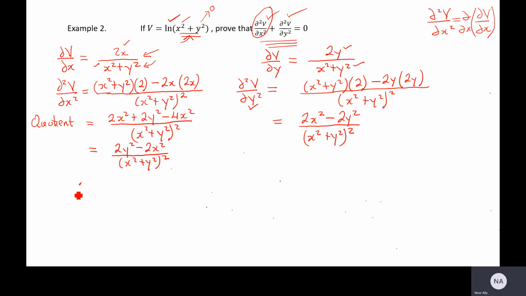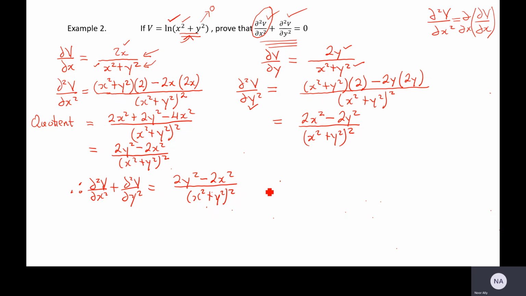Now let's put that together. Therefore, partial d2v dx squared plus partial d2v dy squared is equal to, what's the second partial derivative with respect to x? 2y squared minus 2x squared, divided by x squared plus y squared all squared.